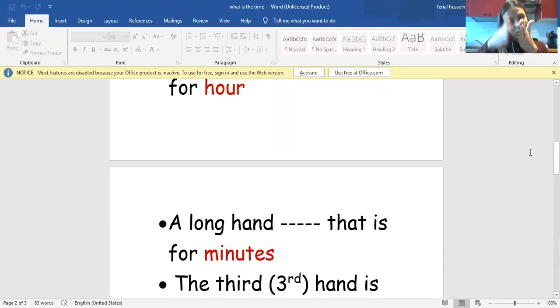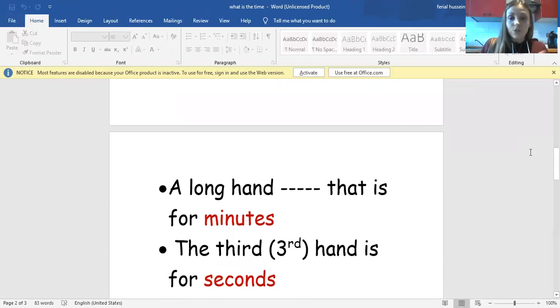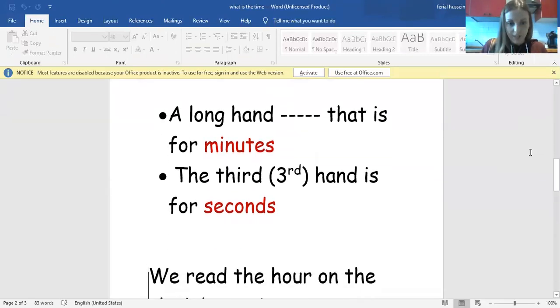So if you look on the clock, where is the long line? That tells you the minutes. If you see a third line, normally it's maybe red, it is for seconds and it goes really fast. So that is for seconds.